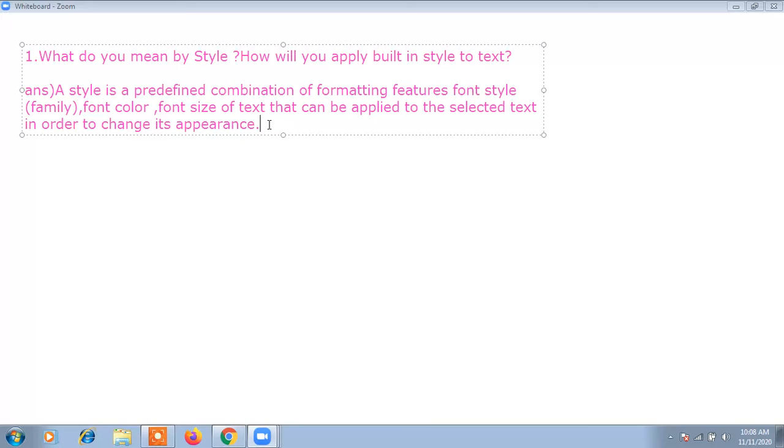This answer is only for the first part of the question, what is a style. Now the second part of the question is how will you apply built-in style to the text.